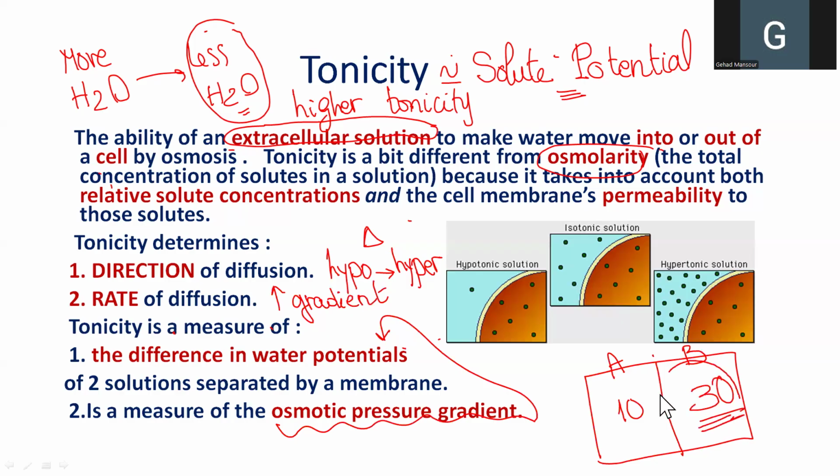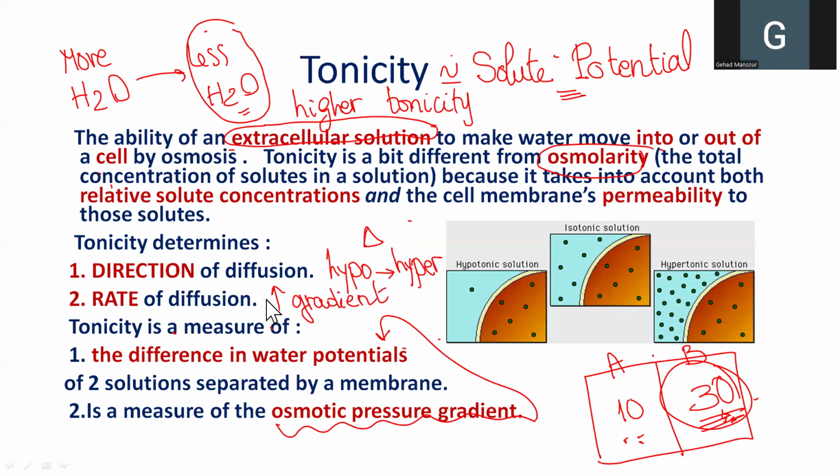This indicates that the tonicity of solution B is higher, that solution B contains more solute particles, that there is a difference in osmotic pressure between the two and in solute potentials, and that there is a difference in water potential. So tonicity is an indication, rather, of the water potential.